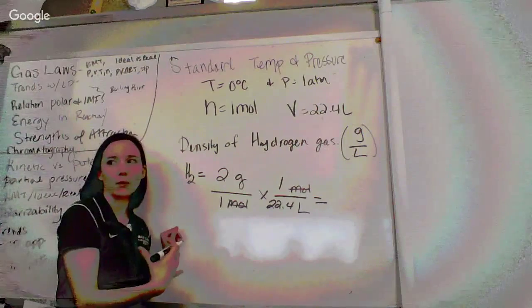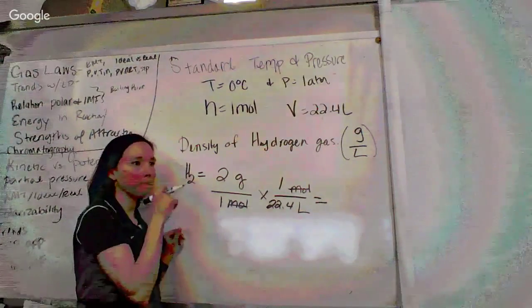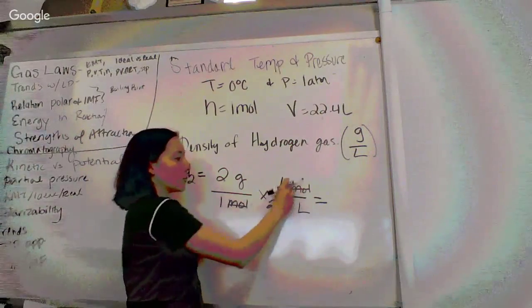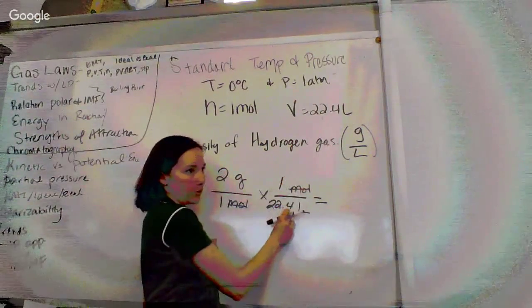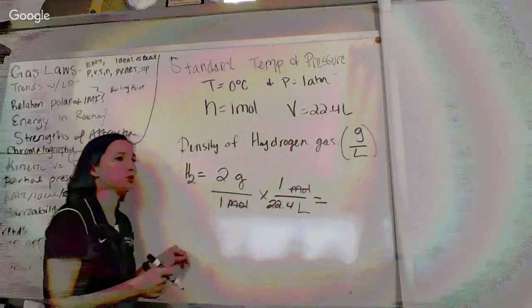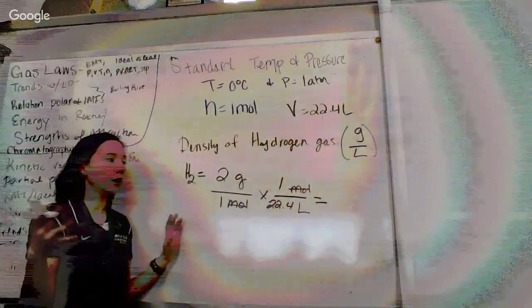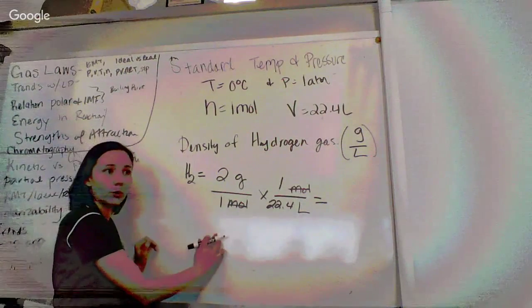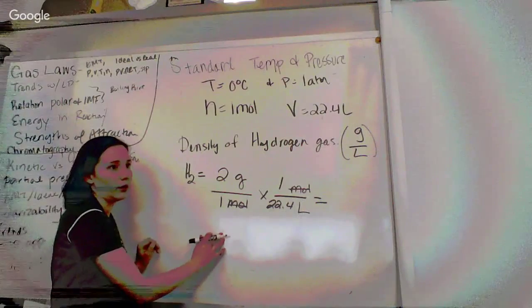I think that's mostly how we used this unit. So do we always assume that the volume is 22.4 liters? Well, because we're looking at the relationship between 1 mole and 22.4 liters, you would do that. There could be a situation where you might have to figure out the molar mass based on that, and you would be told what the volume was, and that's the number you would start with.